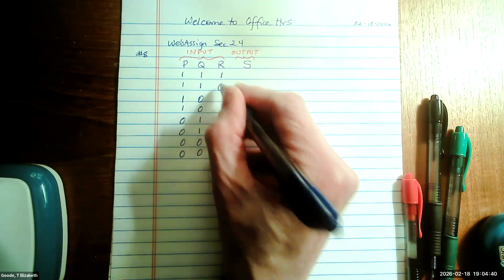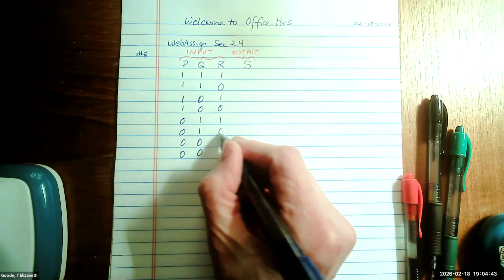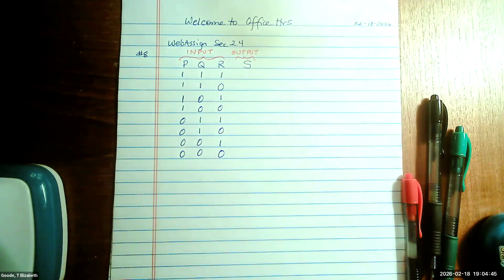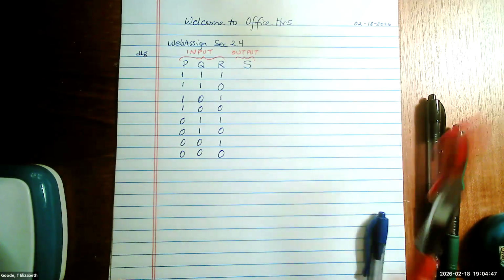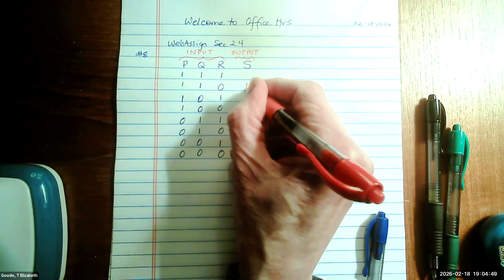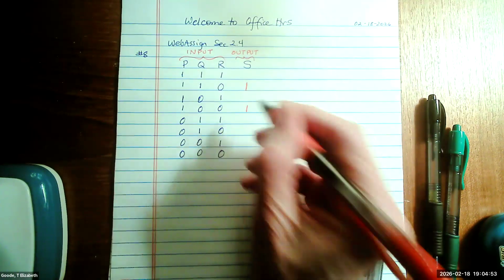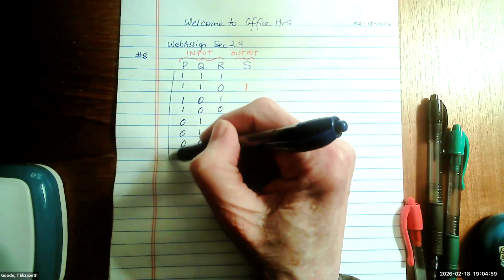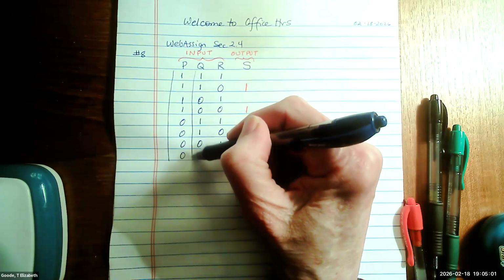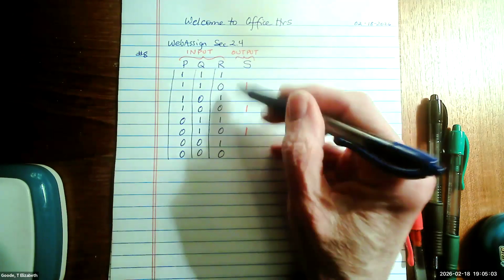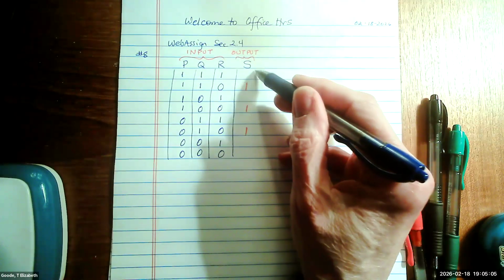Then under R, it's 10101010. And the important thing is that there is a 1 in the output column in row 2, a 1 in row 4, and a 1 in row 6. Great. So we only care about these rows because these are the only rows that yielded hot output.